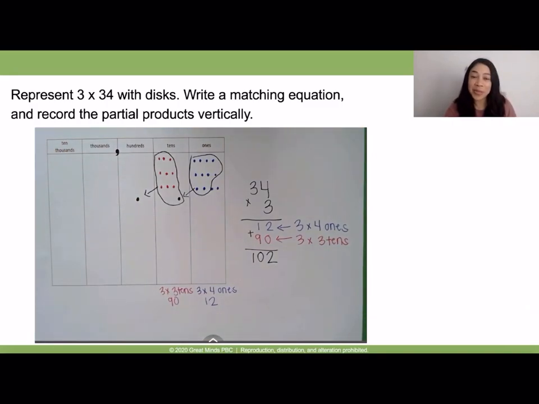What value is represented in the place value chart? 100, 0 tens, 2 ones. That equals 102, which is our product.